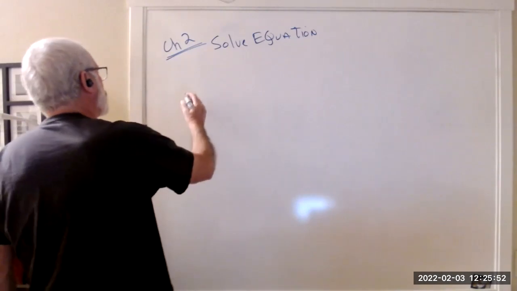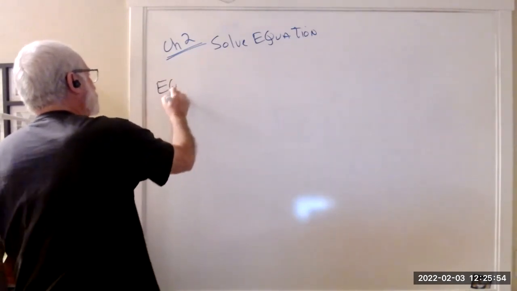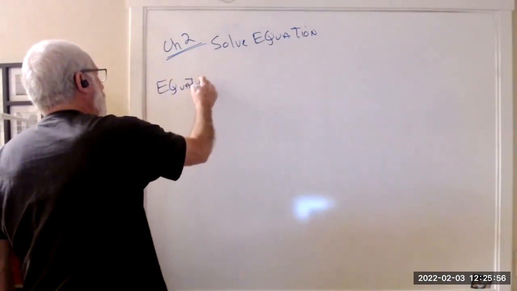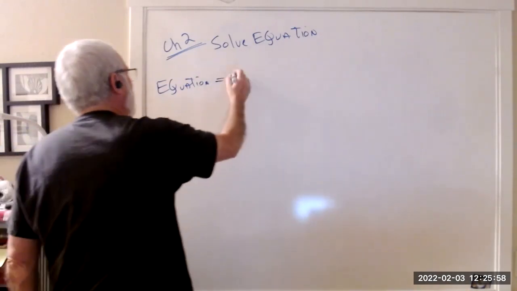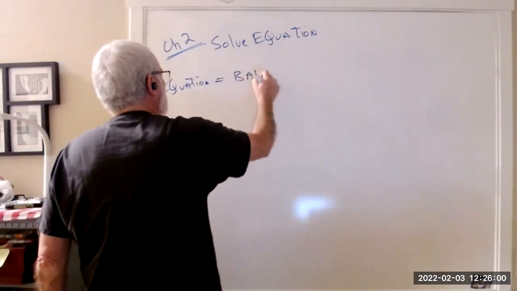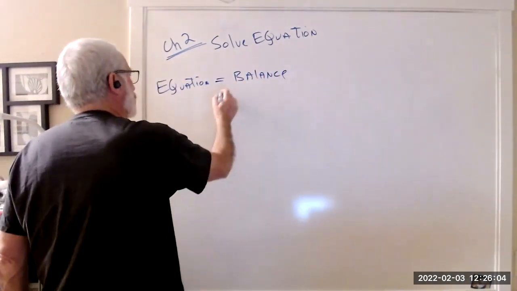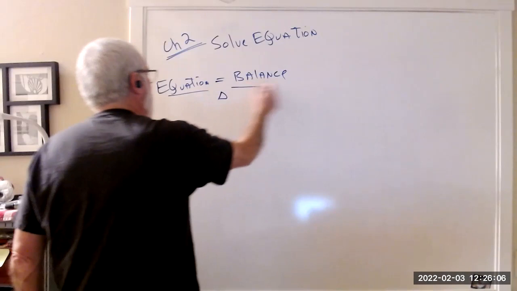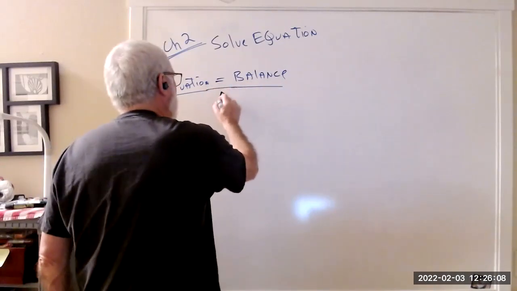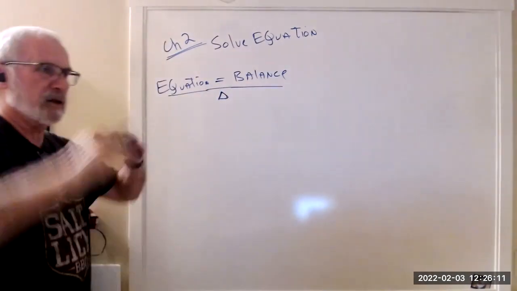An equation represents balance. So when we write an equation, think of a balance beam. It's being balanced and it's perfectly balanced.